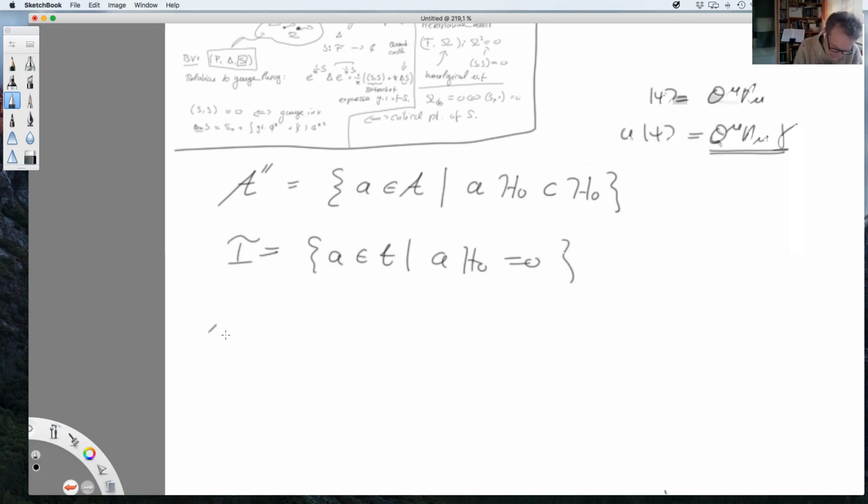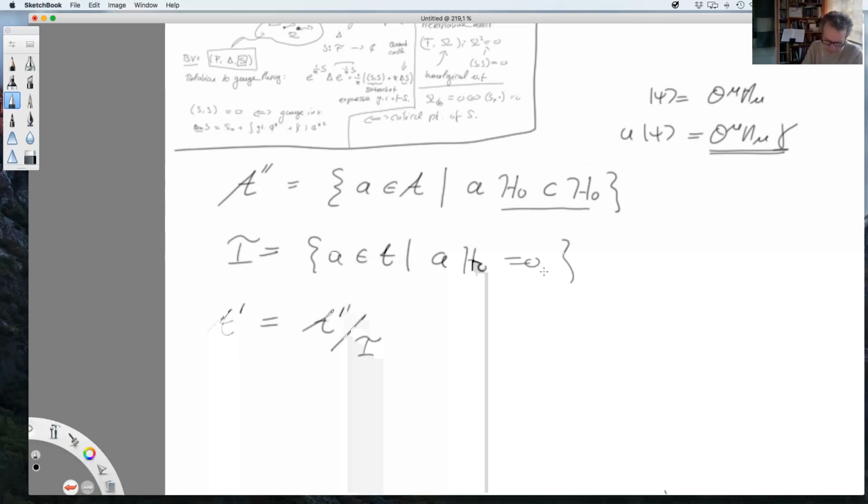And then I can take a quotient, A prime, by dividing by this ideal. So that is a way in the algebra of saying what we're doing. First of all, we take a subalgebra of elements which preserves this space, and then I quotient out the algebra by elements which annihilate this space.